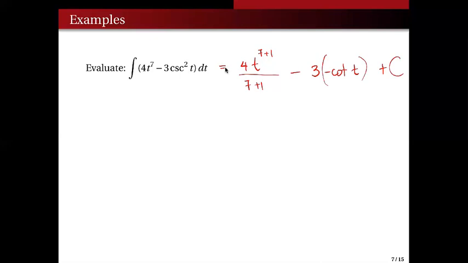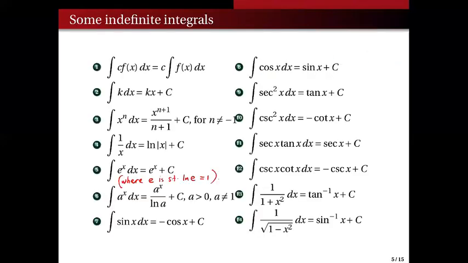For this, I am using this formula: the integral of cosecant squared x dx is negative cotangent x plus c.